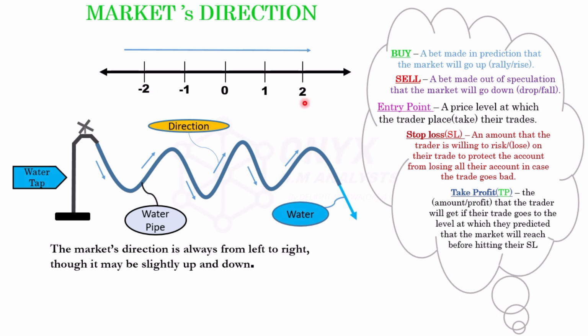I need you to notice that when you are standing at point 0, in order to go to the positive side, you will have to move to the right-hand side direction. And that is exactly what is happening in the market.